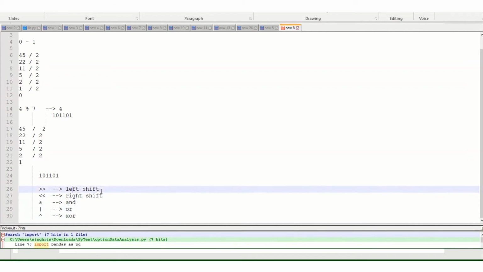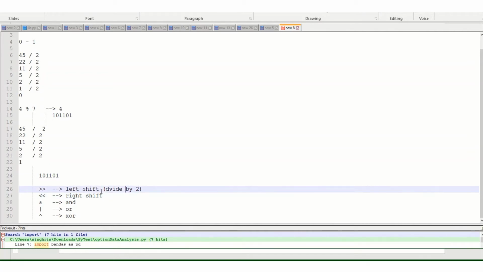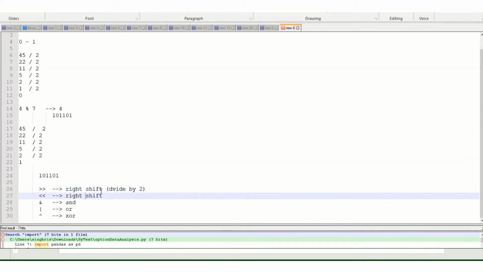Okay. So now if you are doing the left shift or divide by 2, both are same. Sorry, I think I made one mistake here. This is right shift and this is left shift.